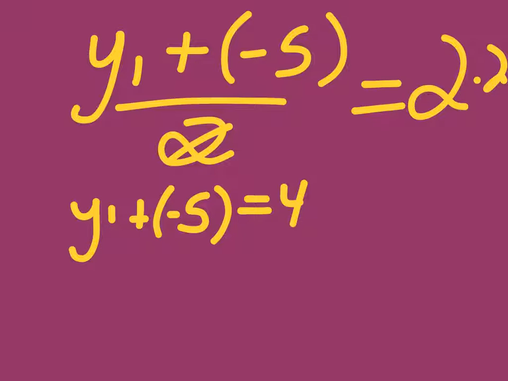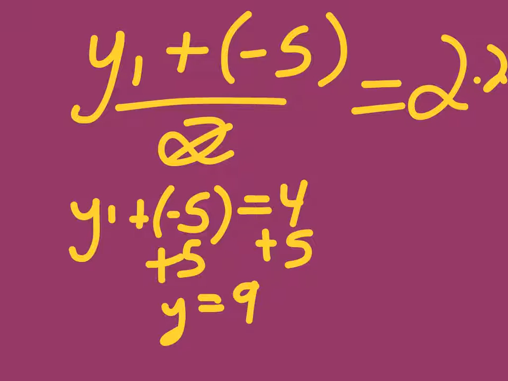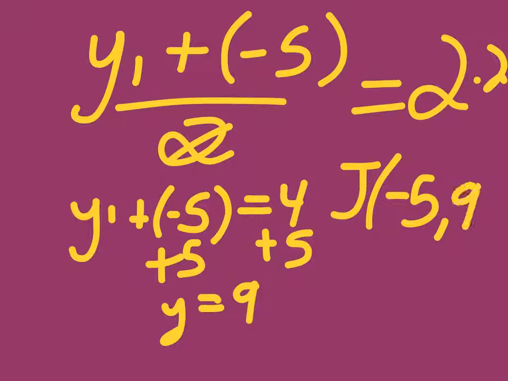Now, I need to add 5, so I'm going to add 5 and add 5, and I'm left with y equals 9. So J has coordinates of negative 5, 9. And there, you've started from an endpoint and a midpoint, and you've gotten the other endpoint of a segment.